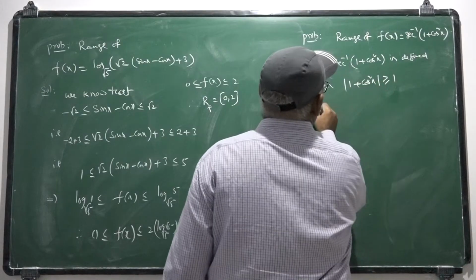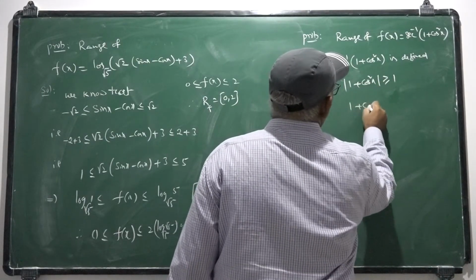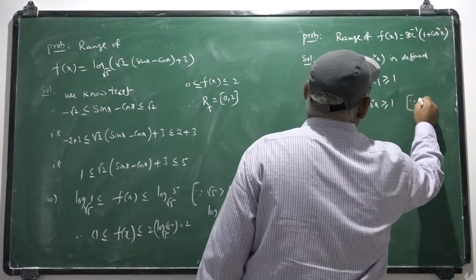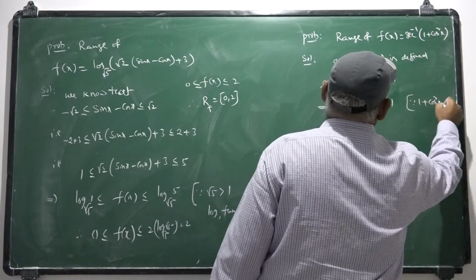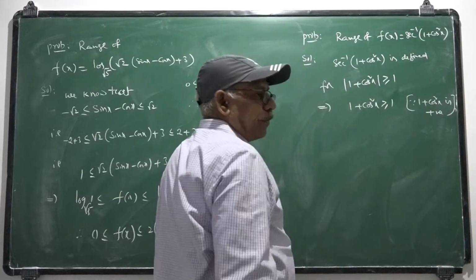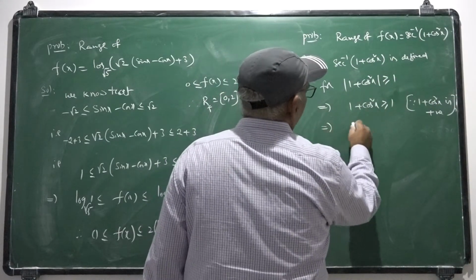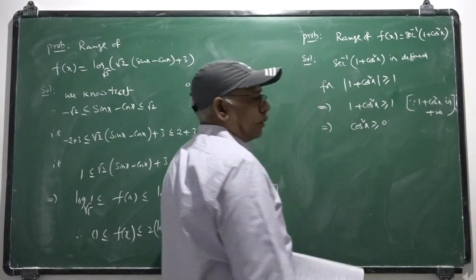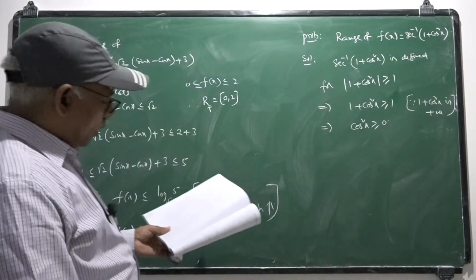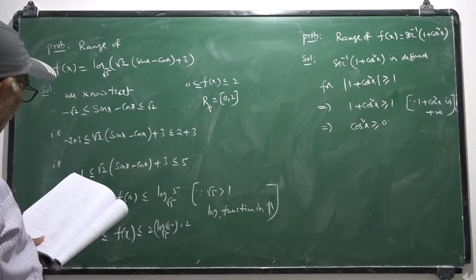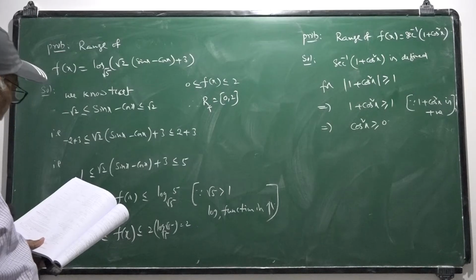Since 1 plus cos square x is positive, the modulus value is itself. That implies cos square x is greater than or equal to 0. Cos square x is always greater than or equal to 0.